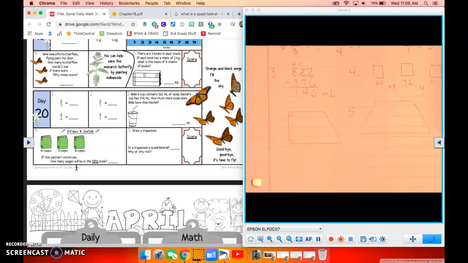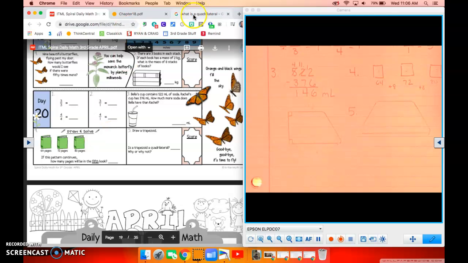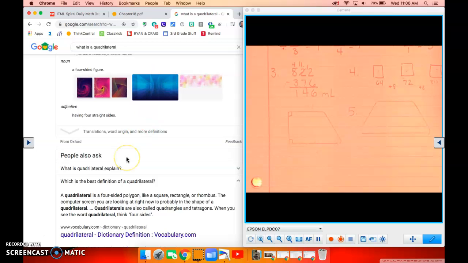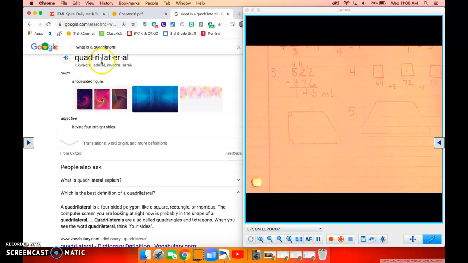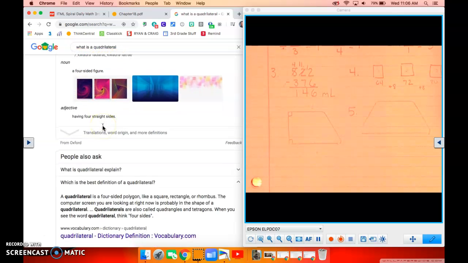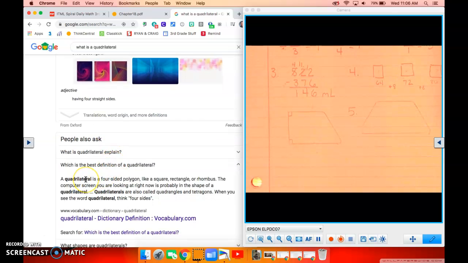Is a trapezoid a quadrilateral? Why or why not? Okay, so I already popped up what is a quadrilateral. I looked that up, and it says that it's a four-sided figure. It's a noun, 4 straight sides. And then I clicked on what is the best definition of quadrilateral.